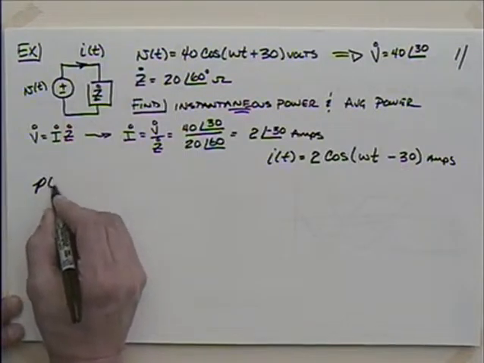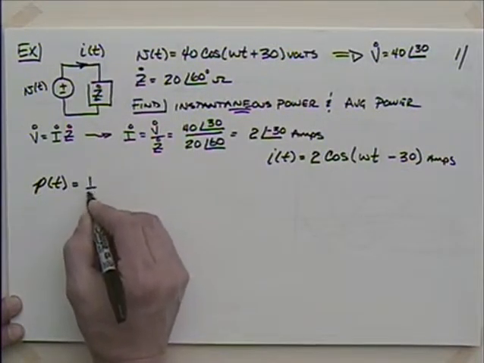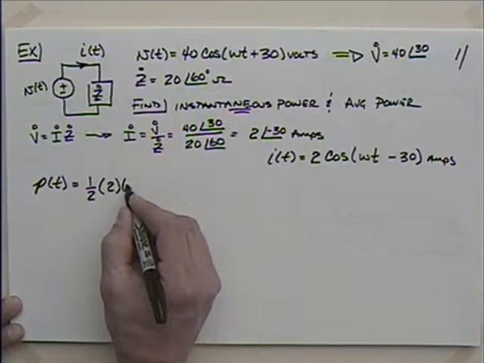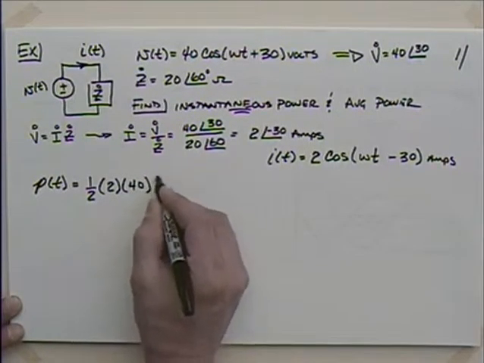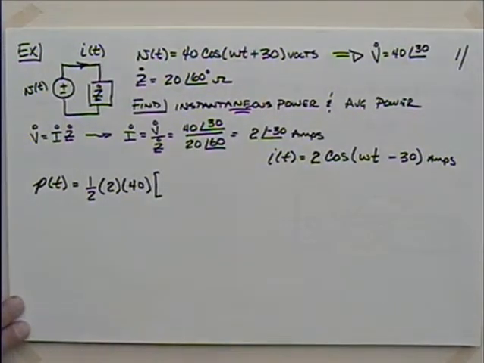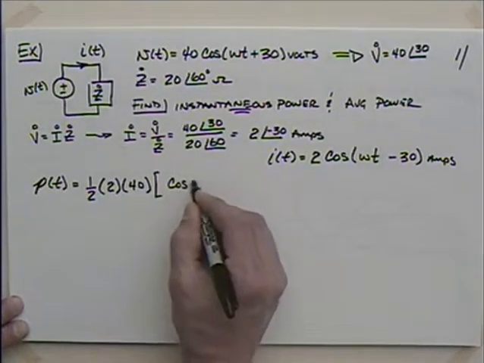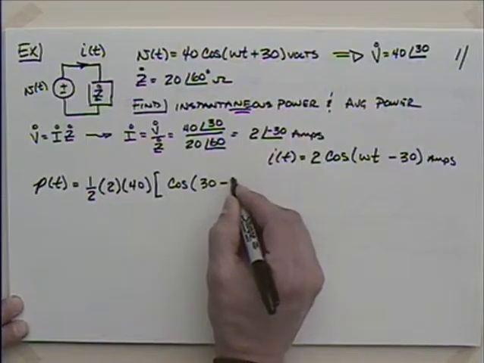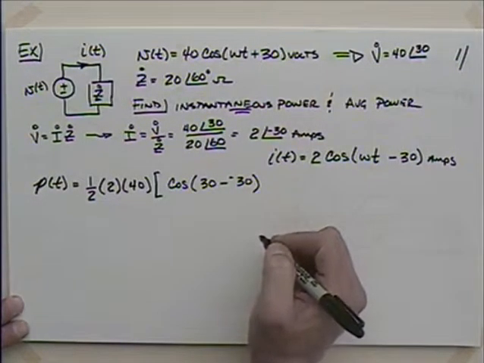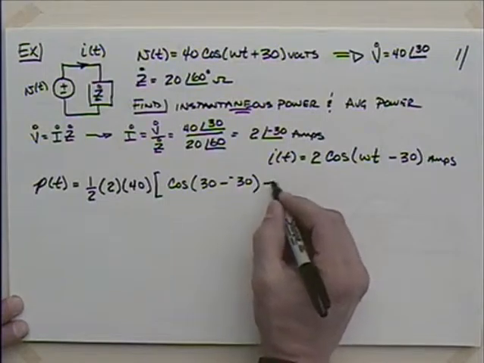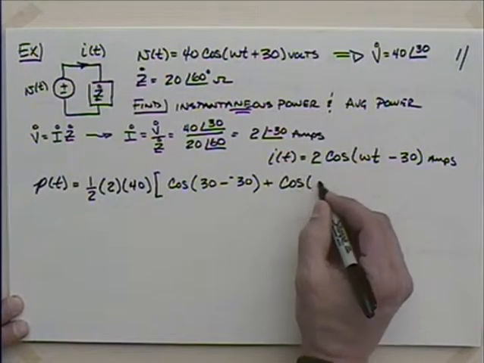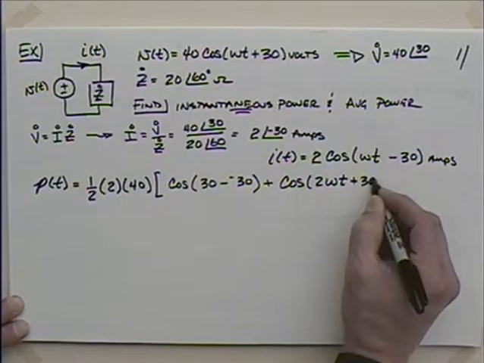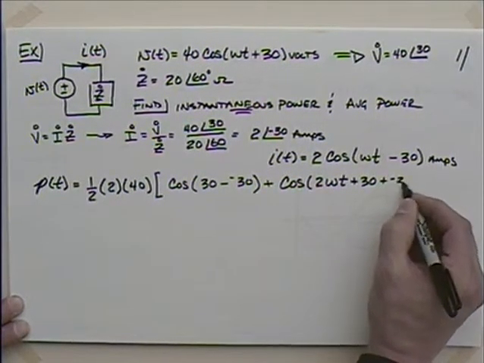We could say that the instantaneous power is equal to 1/2 times the magnitude of the current, which is 2, times the magnitude of the voltage, which is 40, times, going back to the equation that we finished up with last time, the cosine of the difference between the phase angles of the voltage and the current, so I will have 30 minus a minus 30, plus this term, the cosine of 2 omega t plus 30 plus a minus 30.